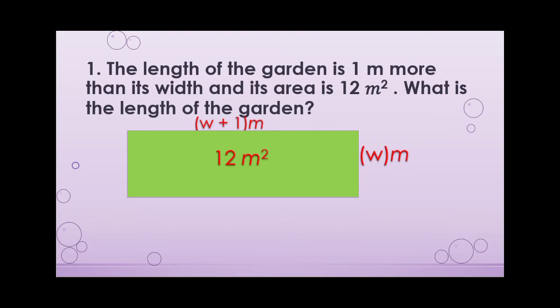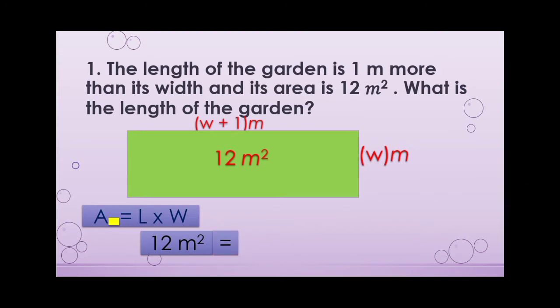Okay, now, let us have the formula in getting the area of a rectangle. And it is A is equal to length times the width. So, the area of the garden is 12 square meters.